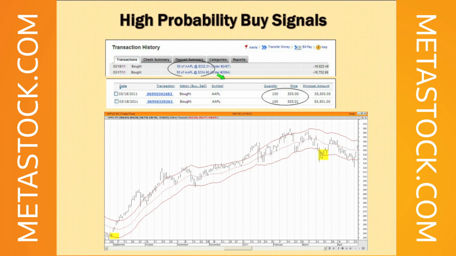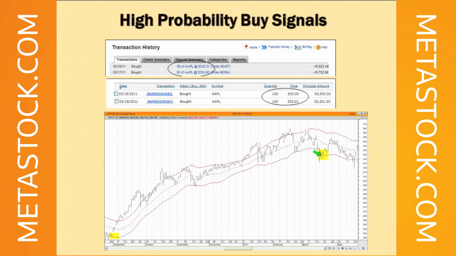And what I did is I listed some of my brokerage confirmations up here. This was buying Apple stock right here when it actually closed below the lower channel. So I bought 50 shares here, 50 shares, 100 shares, 100 shares, and that's right at this point. And this was around the 333 price range on Apple.